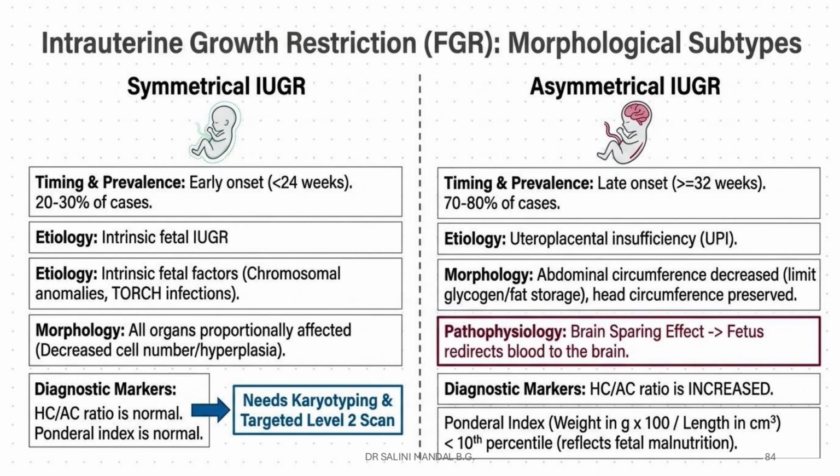So diagnostic marker for IUGR, going for a head circumference to abdominal circumference ratio, which is normal. Okay, ponderal index is also going to be normal, but we require a karyotyping, okay, and a level 2 targeted scan. But whereas the asymmetrical one, head circumference is going to be more than that of the abdominal circumference. Ponderal index is also going to be less than 10th percentile.